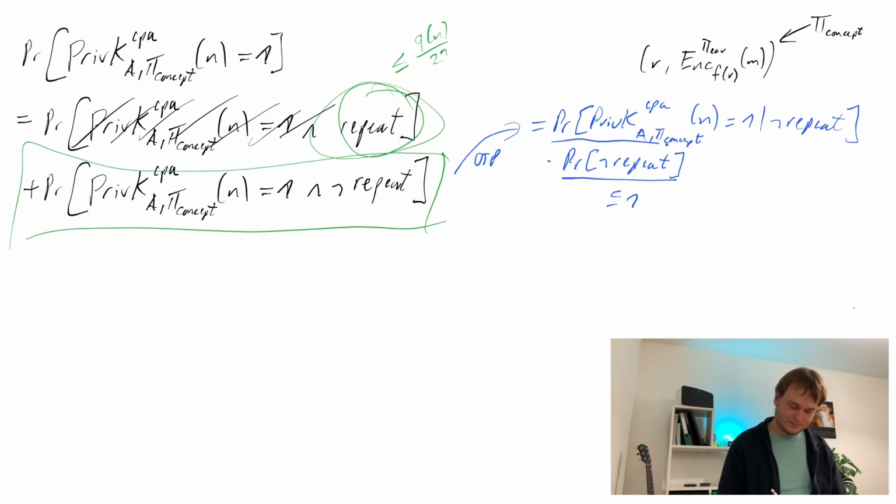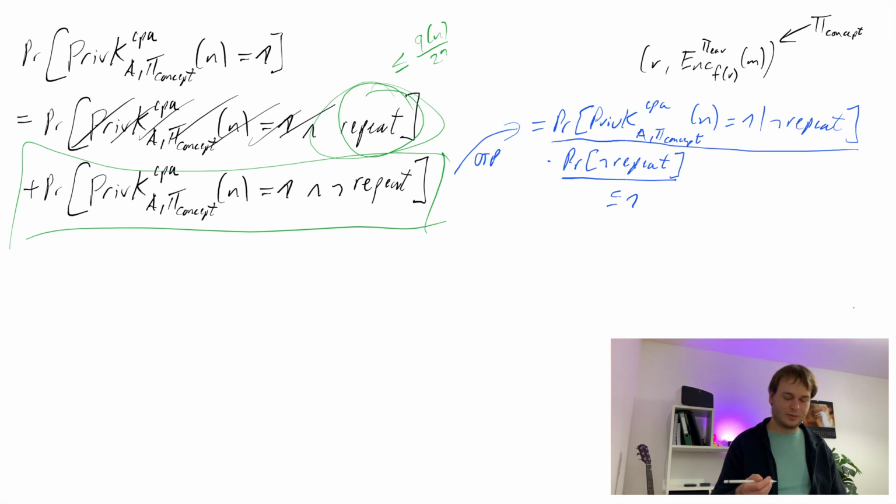And then this one, if the R does not repeat, then the key that's used for the one-time pad is perfectly random, because it comes from a random function. In that case, the one-time pad security guarantees tell us that the challenge ciphertext is independent of the message.